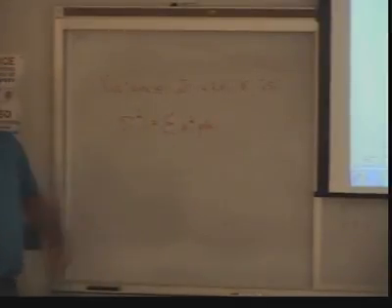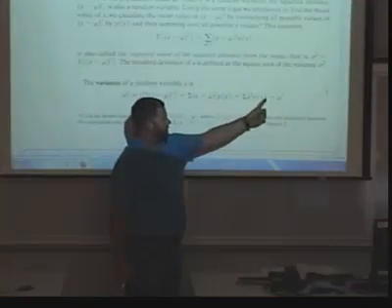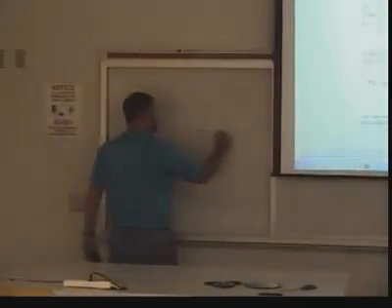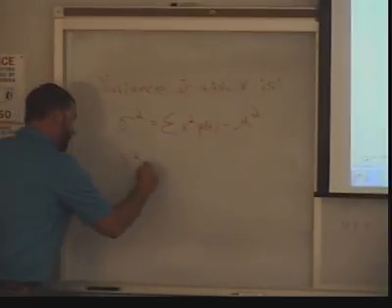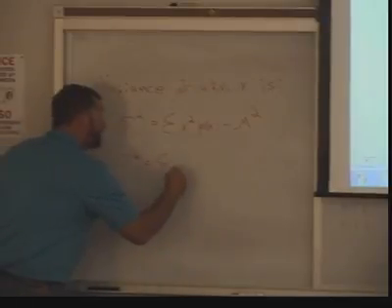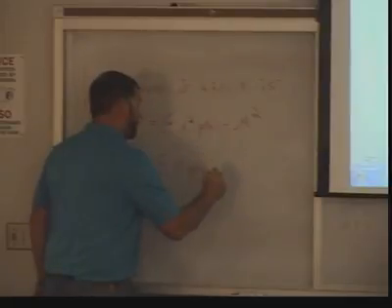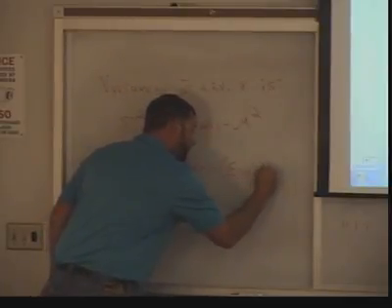Because mu was equal to the sum of X times P of X. So the sum of each of the values squared times P of X minus mu squared. And remember, mu is the sum of X times P of X. So I could rewrite it this way: minus the sum of X times P of X, quantity squared.